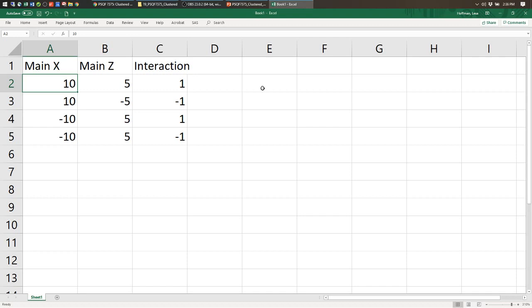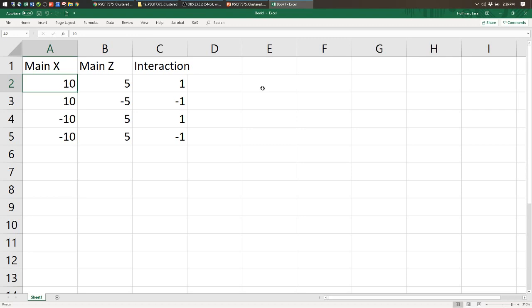What if I had a main effect of X? What happens to it as a function of Z according to this interaction term? Less positive. It weakens it. What about if I had Z?